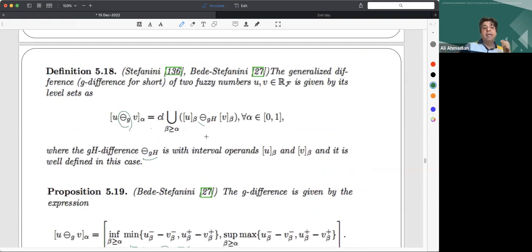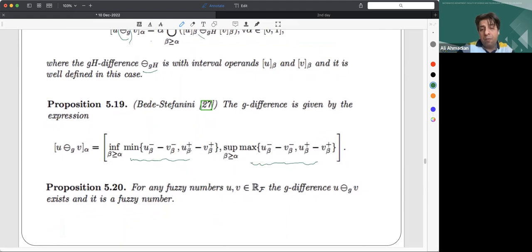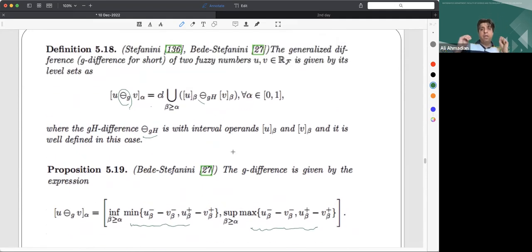It tells us that if we have an alpha cut of two fuzzy numbers, then for any beta cuts greater than these alpha cuts, we consider the union of these beta cuts, and then the infimum and supremum of these beta cuts we consider as the left and right side. I don't want to confuse your mind. Just keep in mind that we have this definition for G difference.